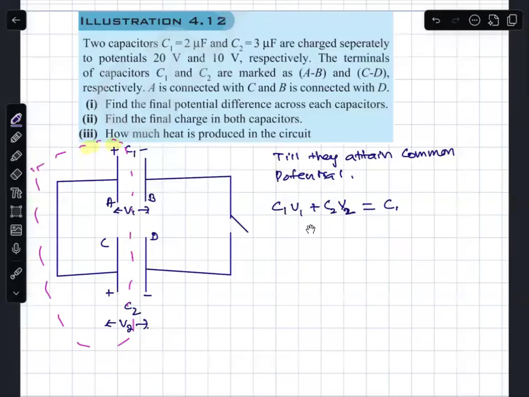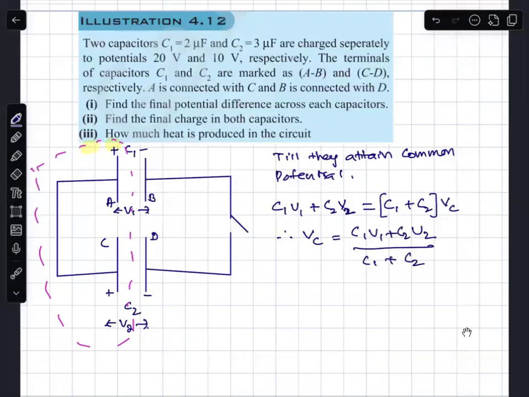And this is equal to C1 plus C2 times V common. So therefore, the common potential is C1 V1 plus C2 V2 by C1 plus C2.